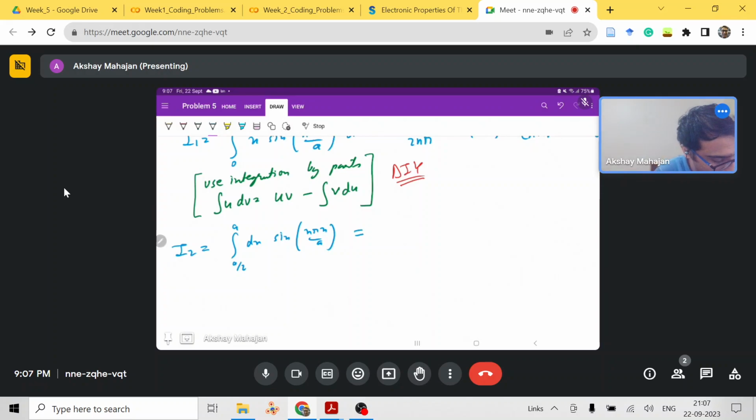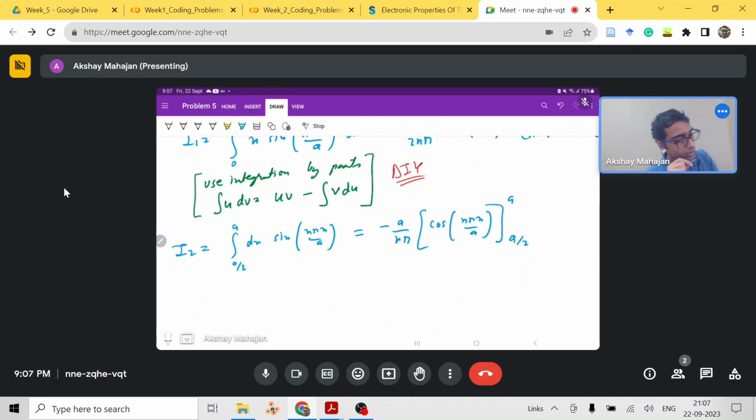That will be just a negative sign, minus a upon n pi, because the integral of sine will be minus cos, so we have cos of n pi x by a from a by 2 to a.